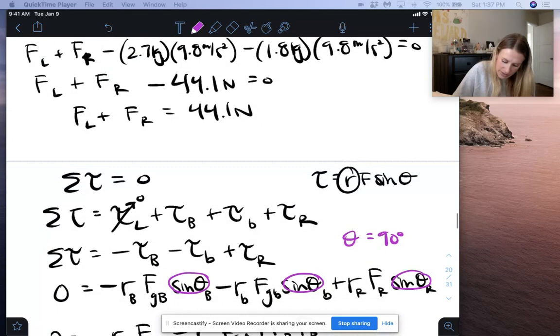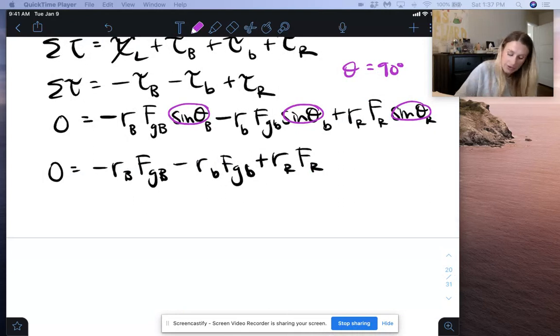So what we can do here is plug those in for our r values. And then we can also plug in our mass times acceleration of gravity for those two forces of gravity.